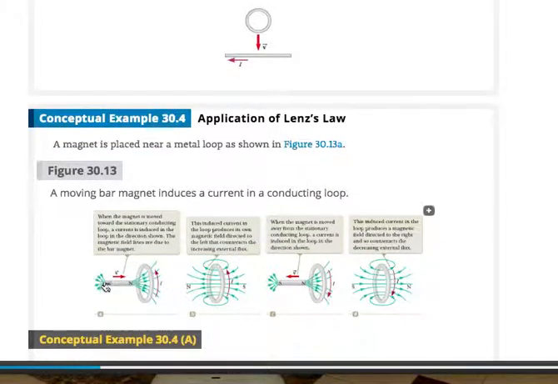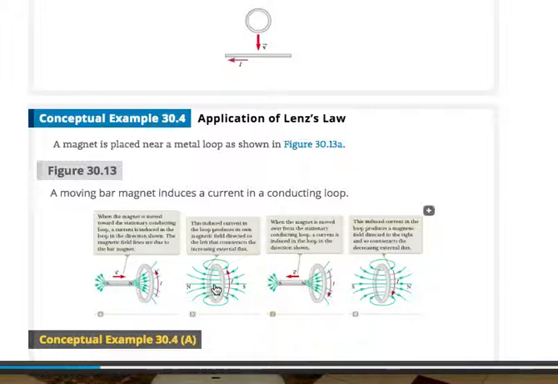Same thing here. If you are increasing the magnetic flux by moving this magnet into here, then I want to decrease the magnetic flux. So I'm going to try to create a magnetic field that would run this way, which means my current needs to go that way, so that my fingertips would go through the center and back to the left through the center.